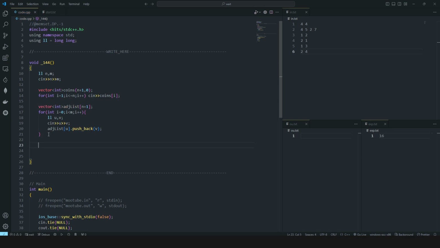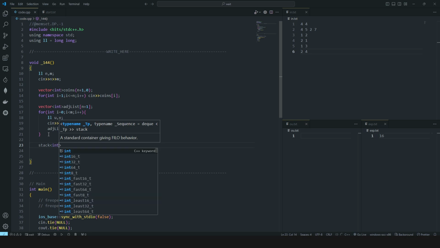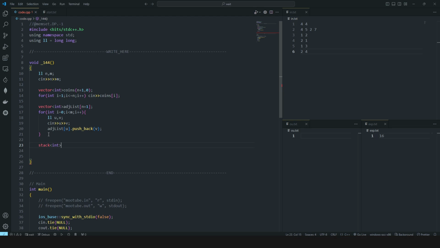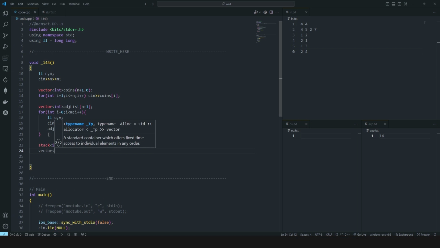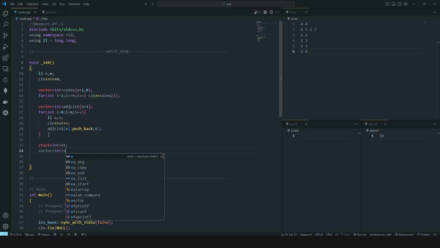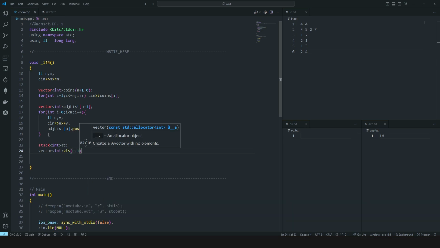After this, what I told you is to apply Kosaraju's algorithm in order to obtain the strongly connected component graph. So for that, we know we have to store the timeout nodes in a data structure. So I will be using a stack. You can also use a vector, but I will be using a stack. And I will also be using a visited array, right? And it will also be one-based indexing only.